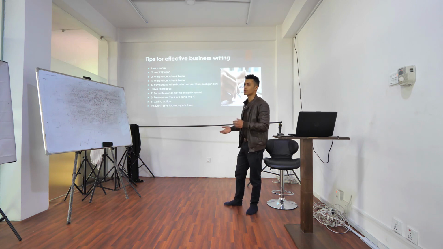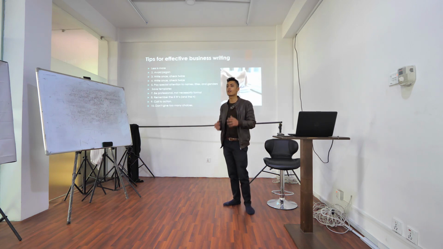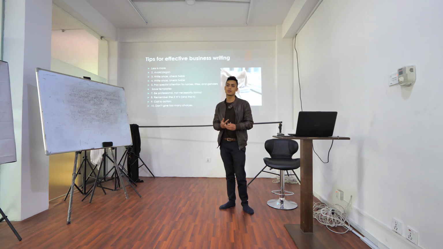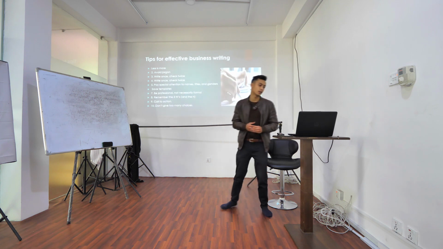Whenever you're doing business writing, you need to have in your head a call to action: how do you make people engage with the things you write? So don't give too many choices. Be focused, be concise, and be focused as a laser on what you write down.